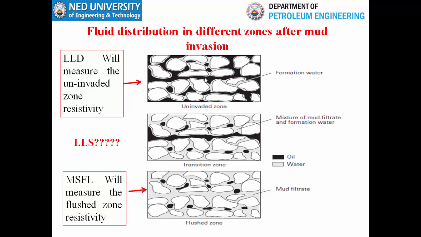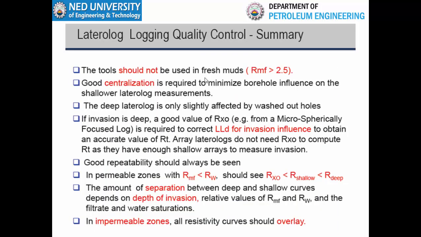So if invasion is shallower, around 1 foot, the LLD value will be reliable and representative of the formation. But if the invasion is beyond 4 to 6 feet, your RT reading will be just like your mud value, because the mud invasion is deep. So you have to apply the invasion correction to get the true value of RT. First you need to identify that you have deep invasion in this particular zone, and once you identify that, you have to apply the invasion correction to get the true value of RT.